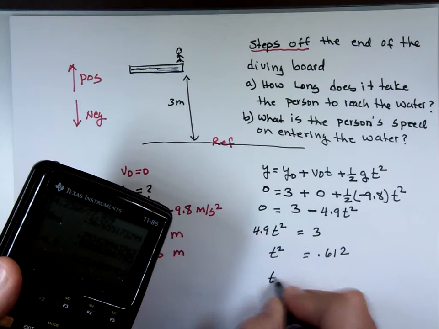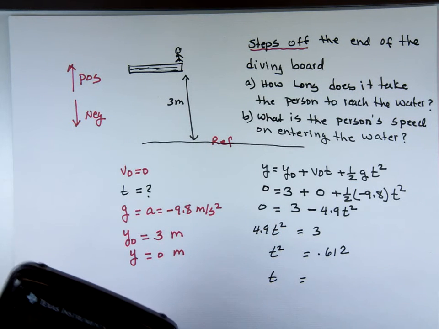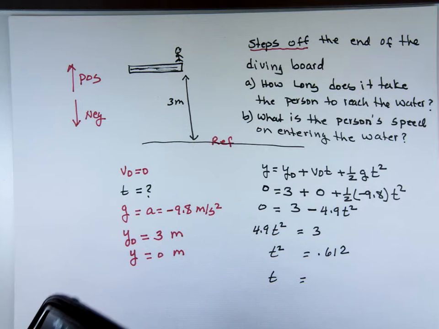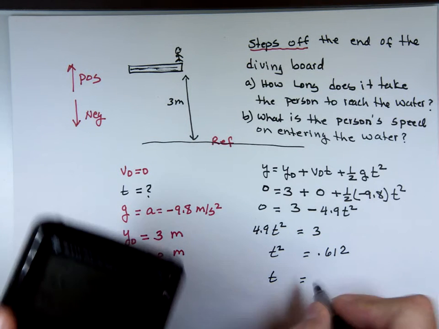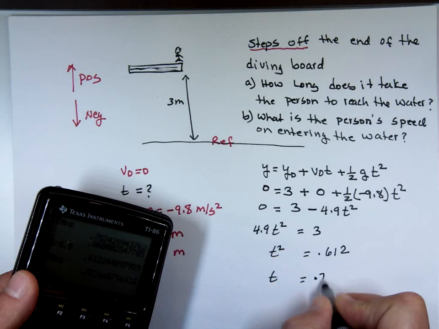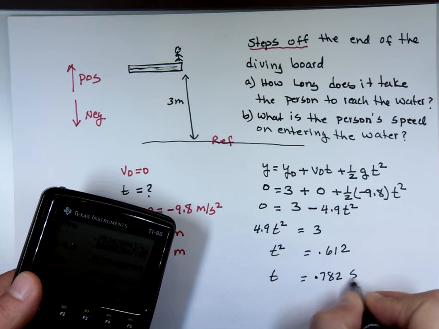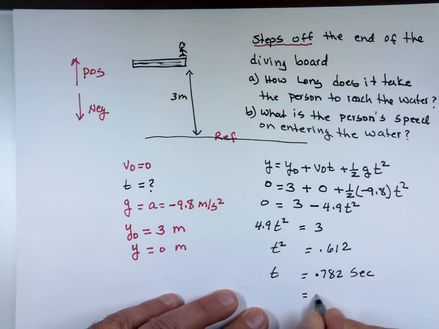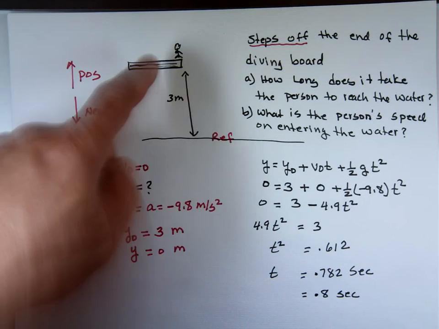T is going to be the square root of that number, which is 0.782 second. So it's going to take roughly 0.8 second. If you want to use one significant digit, 0.8 second for the diver to reach that water.